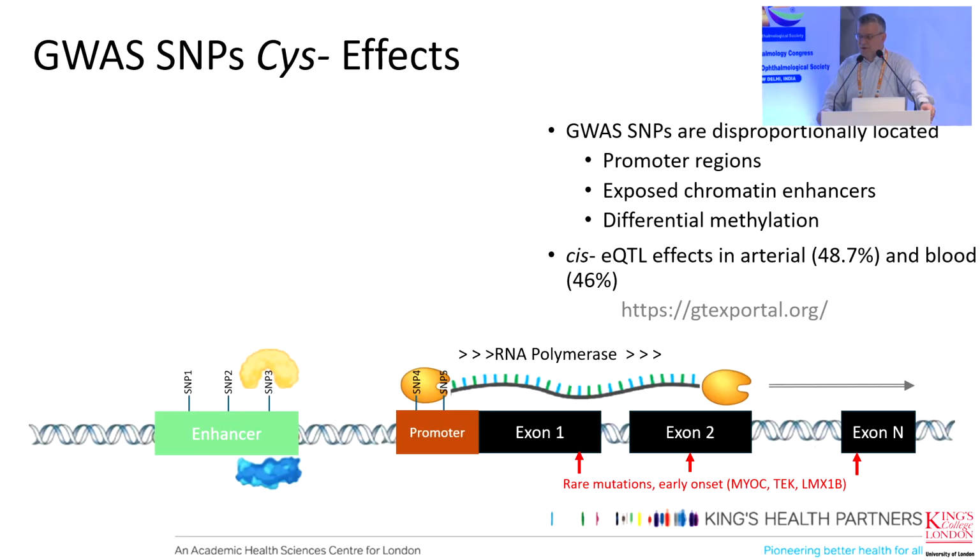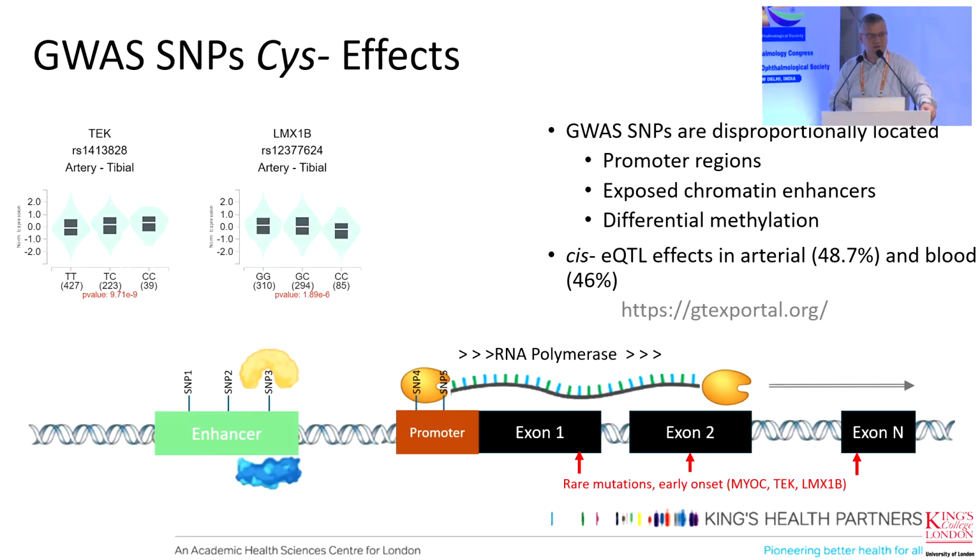About half of the SNPs that we've identified for our GWAS of intraocular pressure and glaucoma are in that region, and they have significant effects over the level of the mRNA being transcribed adjacent to those sites of association. The same genes can harbor mutations, and the same genes can have eQTL effects associated with glaucoma and IOP.